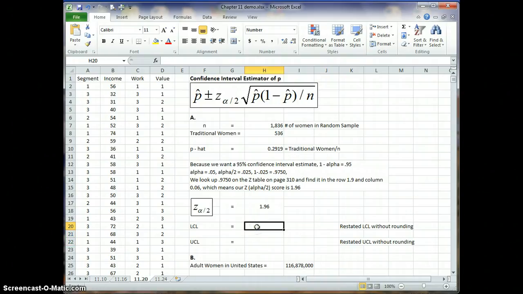So to calculate the lower confidence limit, we'll begin with that.